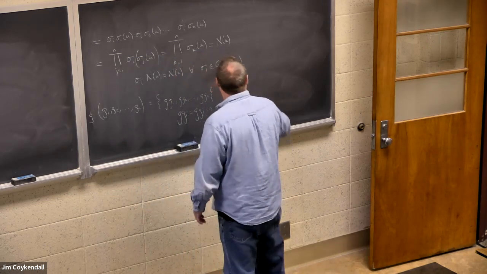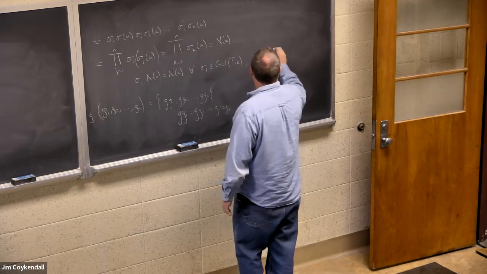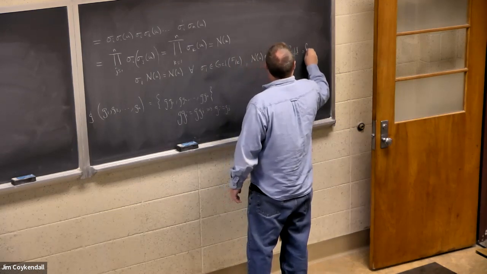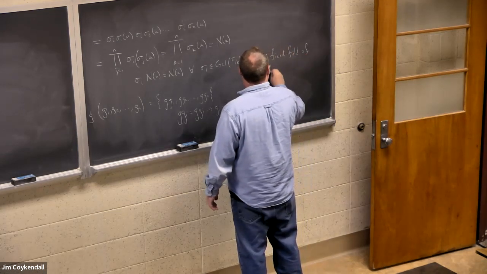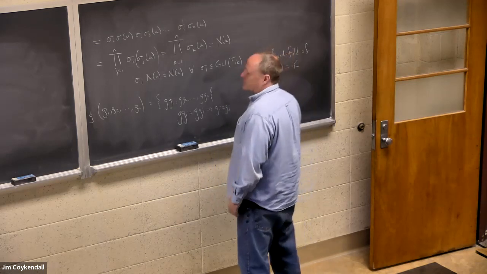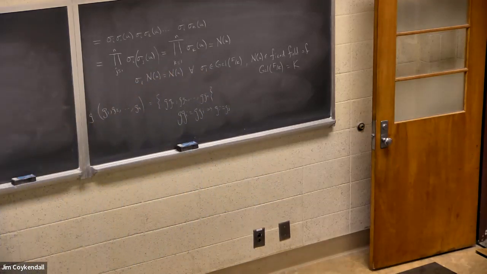And since it's the Galois group, this means that the norm of u is in the fixed field of the Galois group. And again, this can be generalized. There's a similar proof for the trace as well. Any questions?